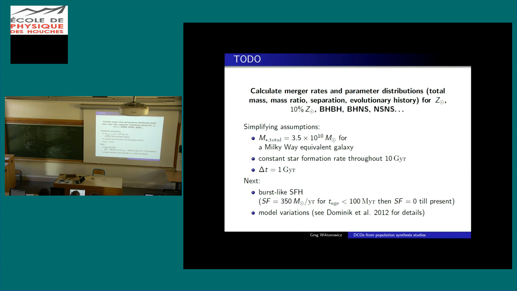And T merger is calculated this way. It's not T merger from this file. And T birth is what we need to calculate from statistics. But when we assume that the star formation is constant, any birth time is equally probable, so we can use Monte Carlo sampling, simply taking a random number between 0 and 10 gigayears.